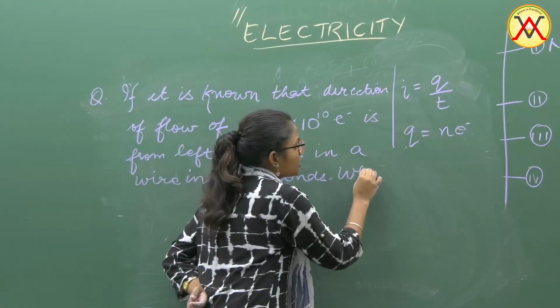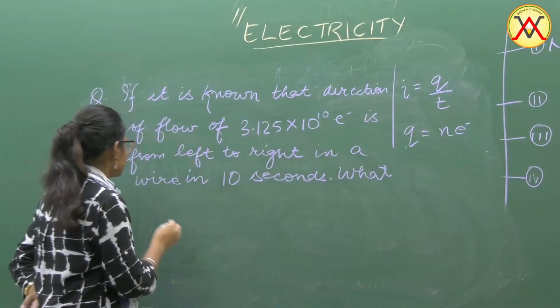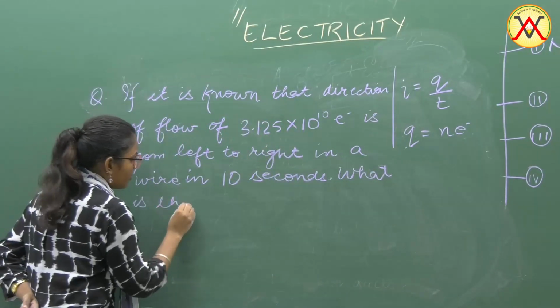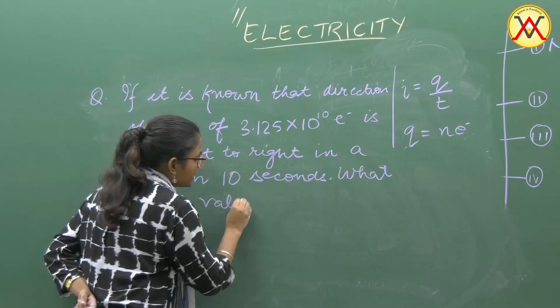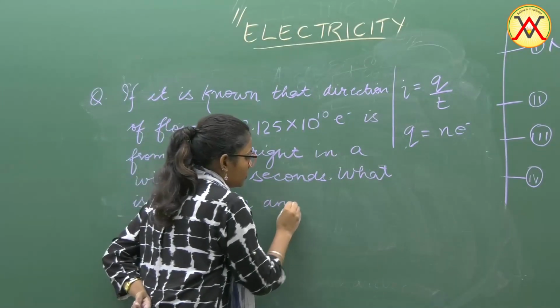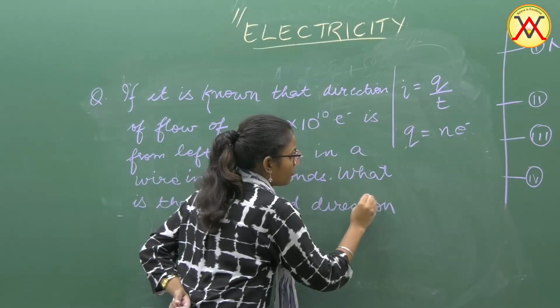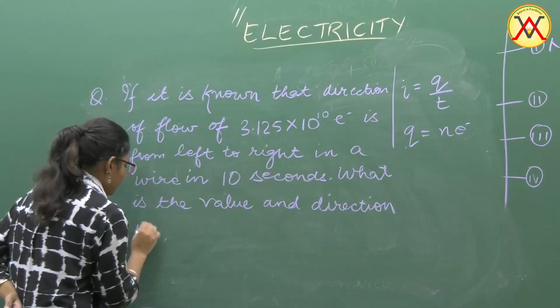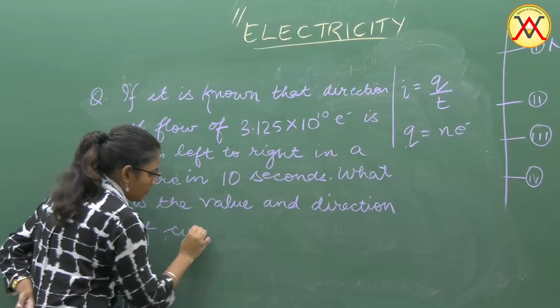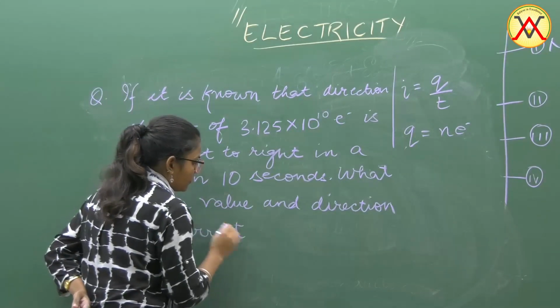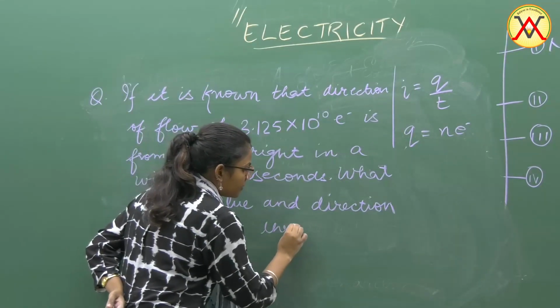We need to find out the value of current along with the direction through that wire.